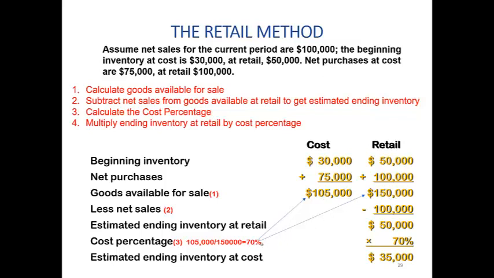So now we can apply this figure to our estimated ending inventory at retail to come up with our estimated ending inventory at cost. So here we've taken our cost percentage, the 70%, and applied it to the retail amount to get 35,000 as our estimated ending inventory at cost.